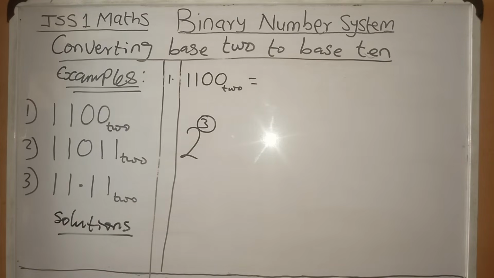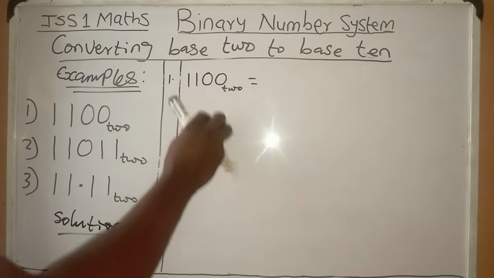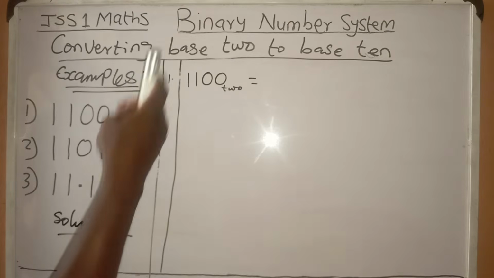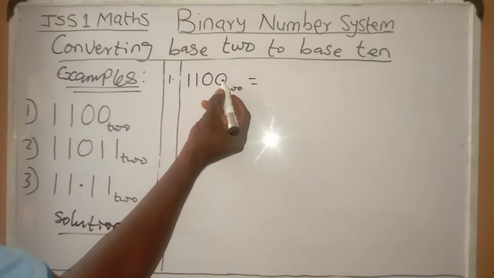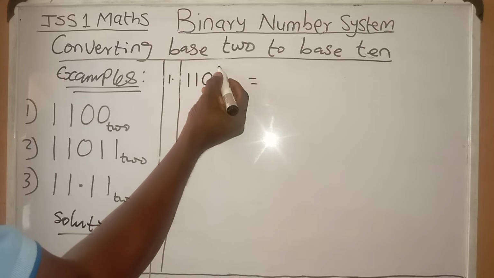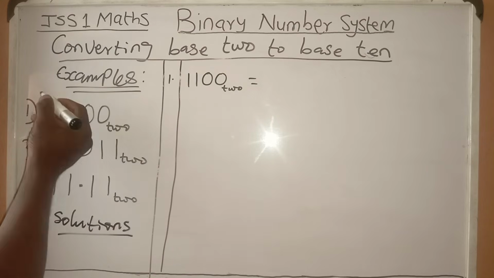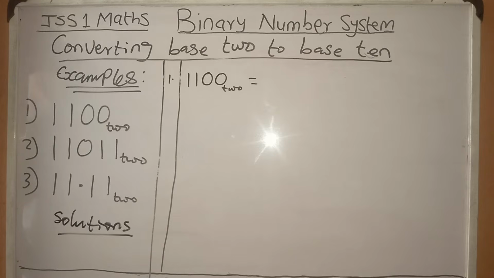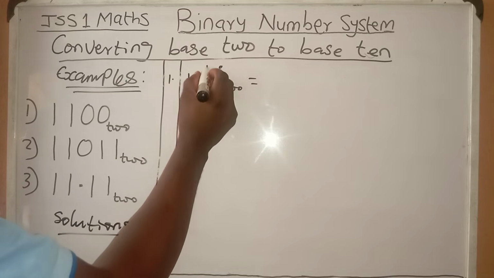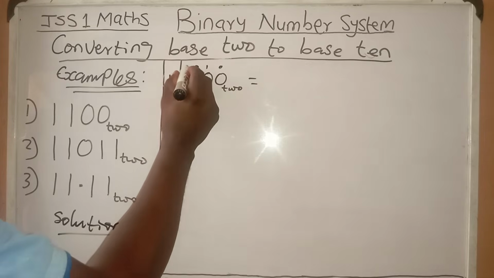So for us to do that, whenever you get a question like this, you start from the right, the last digit from the right, and number it all the way to the left. You start numbering from 0 all the way to the left.